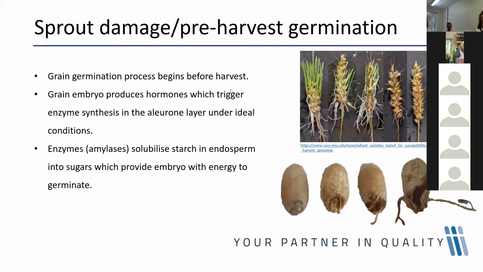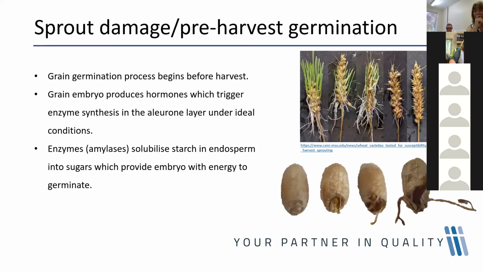So, sprout damage or pre-harvest germination. This occurs when grain germination starts while grain is still on the plant before harvest. Under the right conditions, so when you have a wet period just prior to harvest and high humidity, once the grain has reached physiological maturity, the grain embryo starts producing hormones which trigger enzyme synthesis within its aleurone layer.